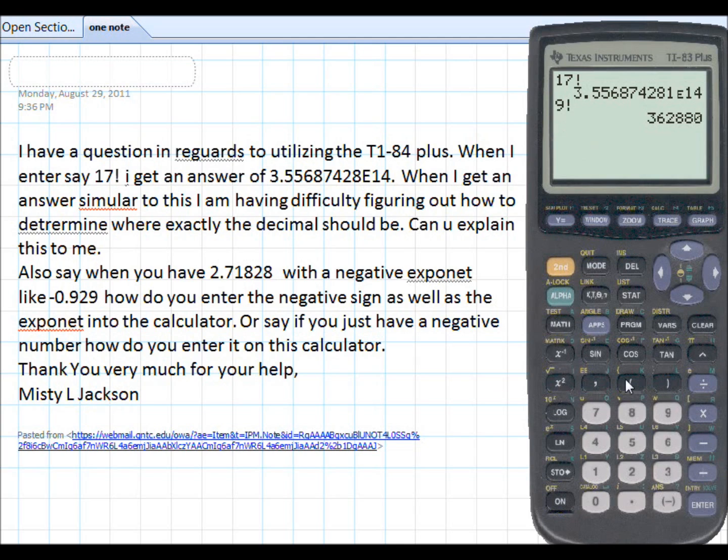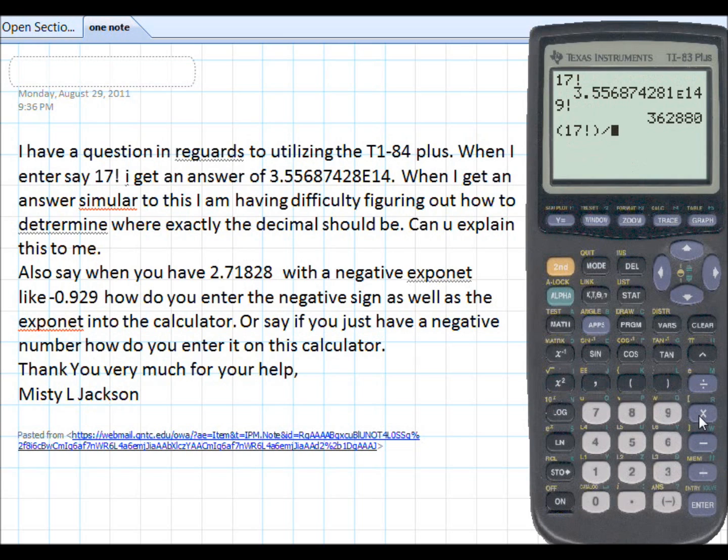For example, maybe like this: 17, and I have to go over here to get the probability function and get the factorial. Enter, parentheses, and I want to divide it by 9 factorial.